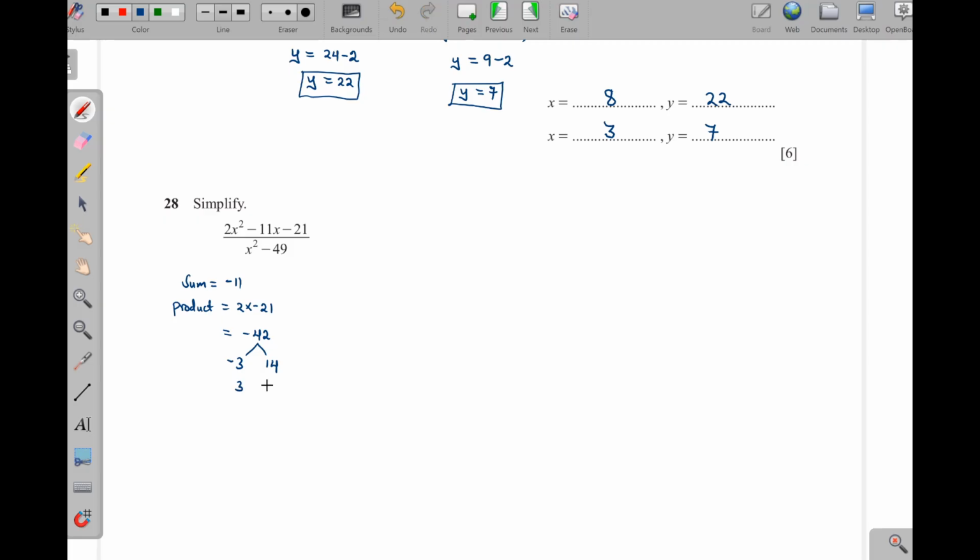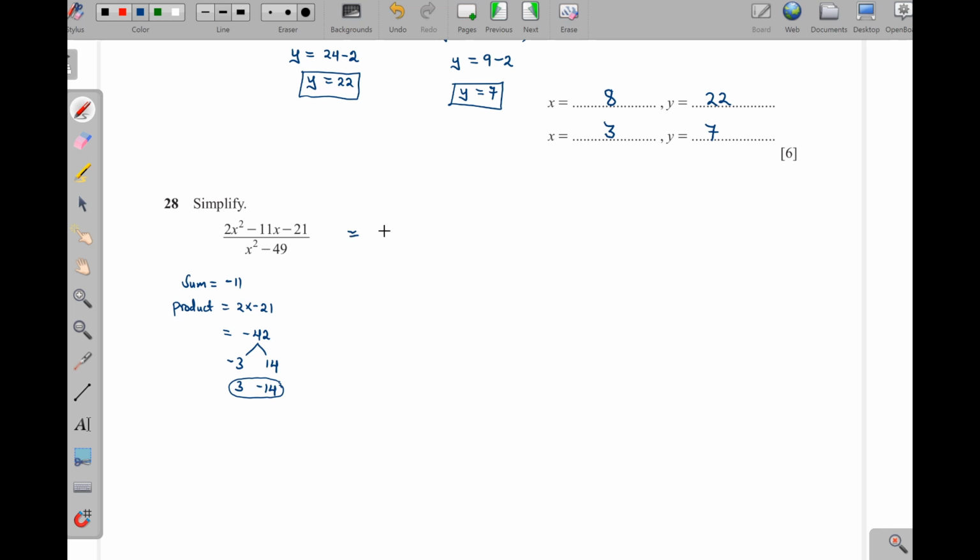Or we can have this 14 when it is a negative. You see that? But then which of these two adds up to this? So when we get negative 3, then plus 14, it will give us a positive 11. Then when we get 3 plus the negative 14, this one will give us what? A negative 11. So those are the two we are going to take, okay?